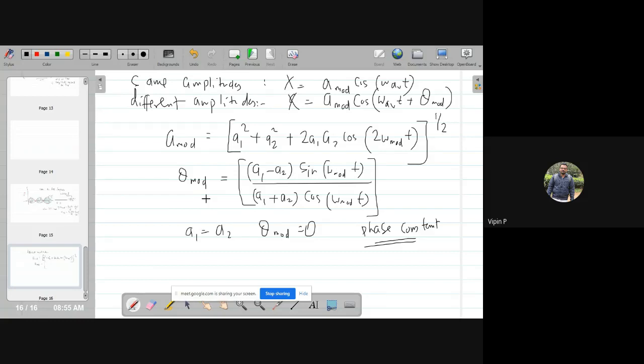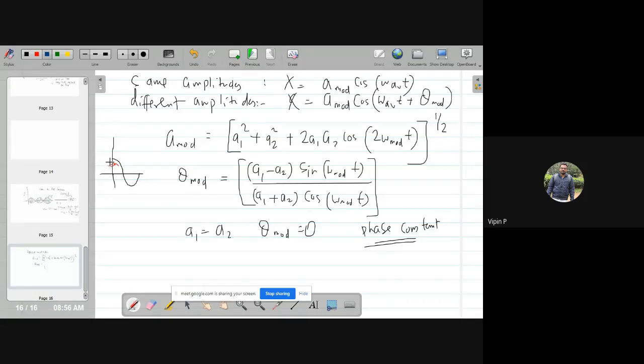If you plot it, it will not start from 0. If you start something like this, the initial phase is 0. But if the initial phase is not 0, it will start much earlier than that.